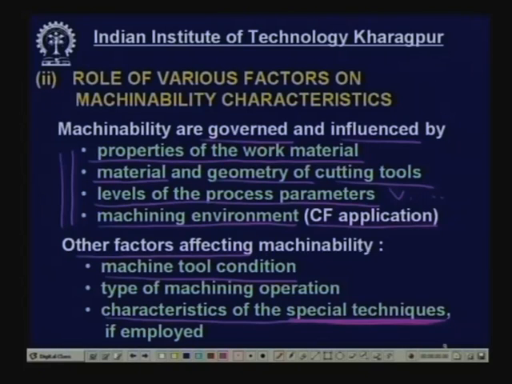Say machinability of Inconel is very poor, machinability of Monel by any tool is extremely poor, but if we apply hot machining, the machinability improves. So, this technique also plays a very vital role.